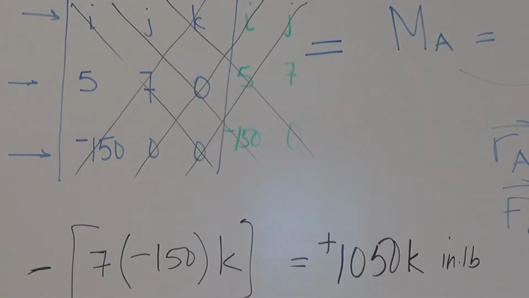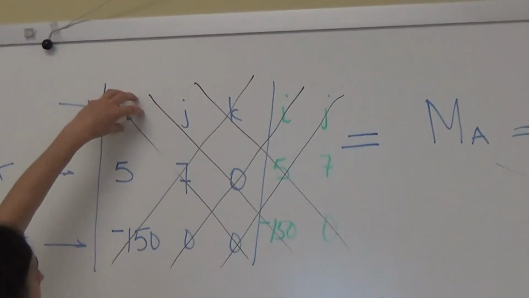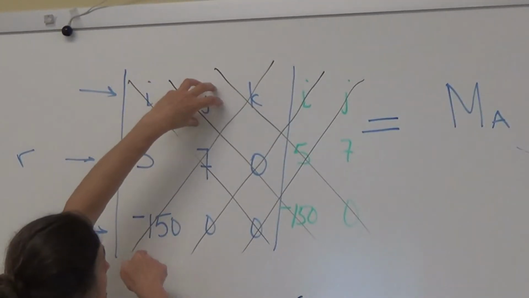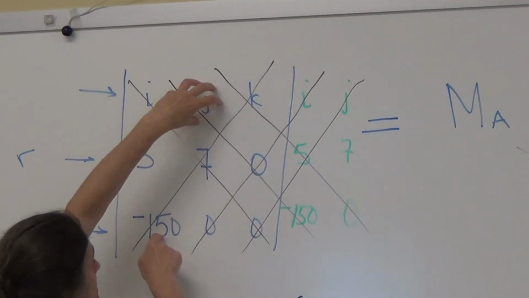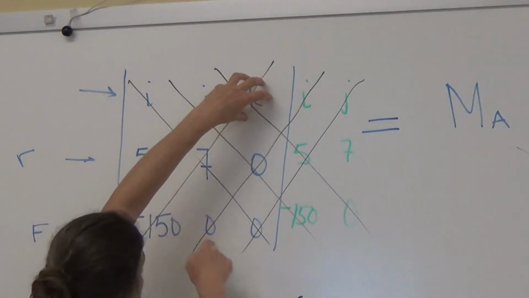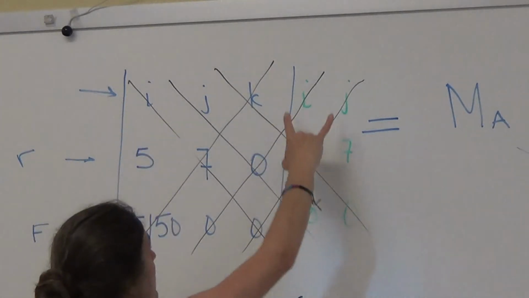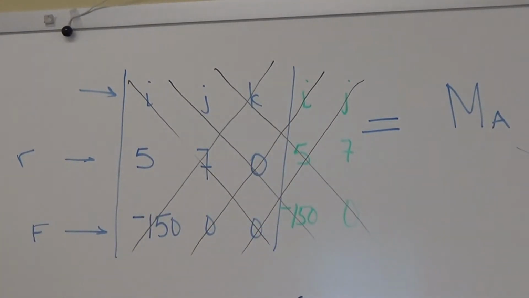What I think more of you do is you look at this, isolate the I and say this minus this, and then plus the J, this minus this, and then the K, this minus this. How many of you have done it this way where you draw out those last two columns? 3 times.